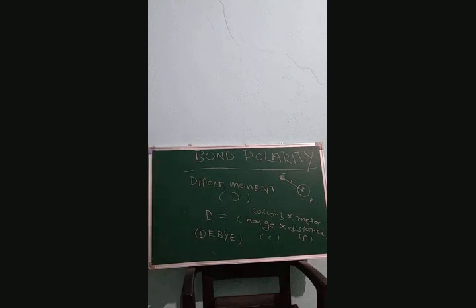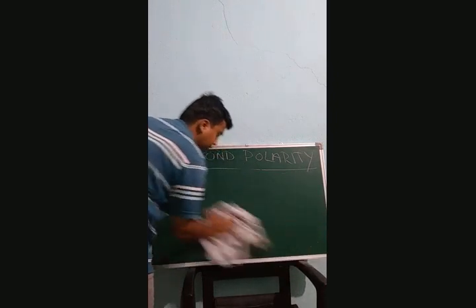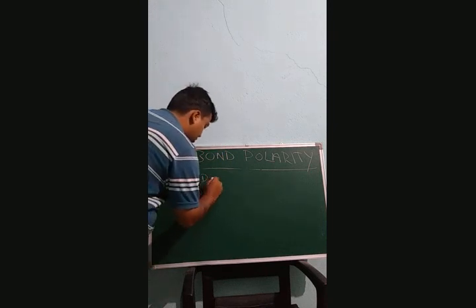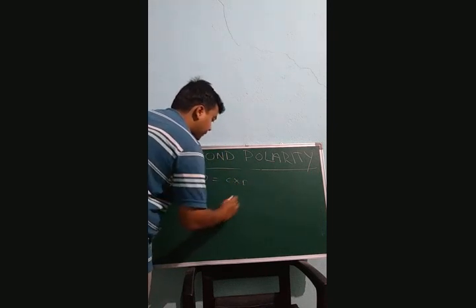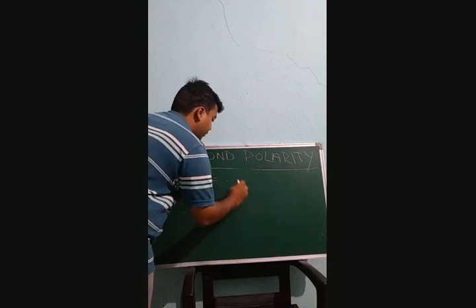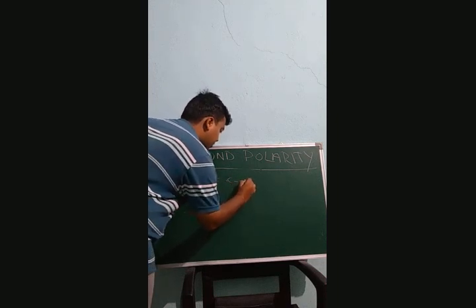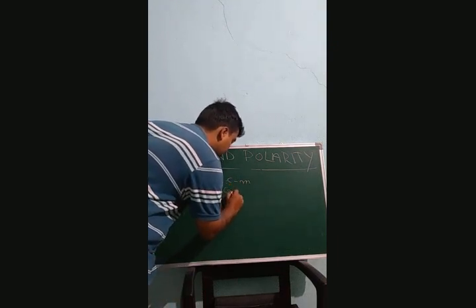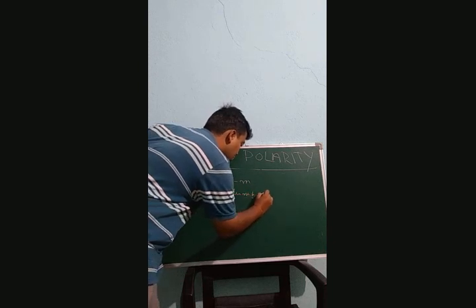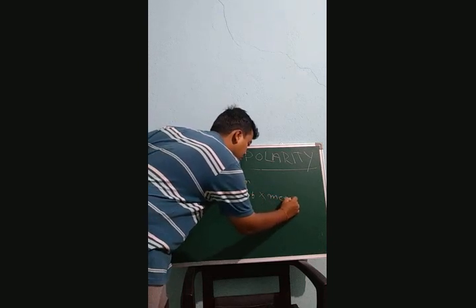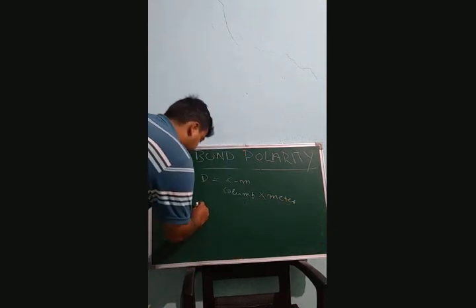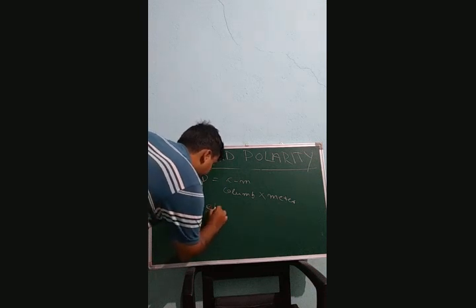So I can write it like this: D is equal to C into R, or you can say coulomb meter, and it is also represented in the unit of Debye.